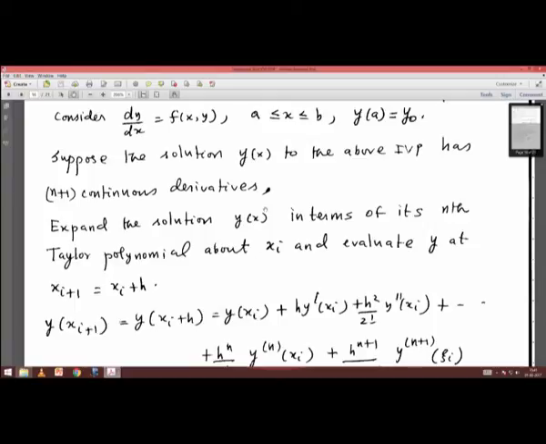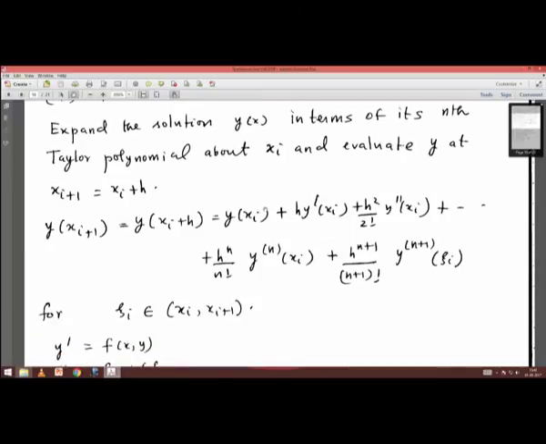So, suppose the solution to the problem has n+1 continuous derivatives, that is, y can be differentiated n+1 times, the derivatives exist and they are also continuous. Then I expand using Taylor series y(x_{i+1}), which is y(x_i + h), that is y(x_i) plus h y'(x_i), and so on.